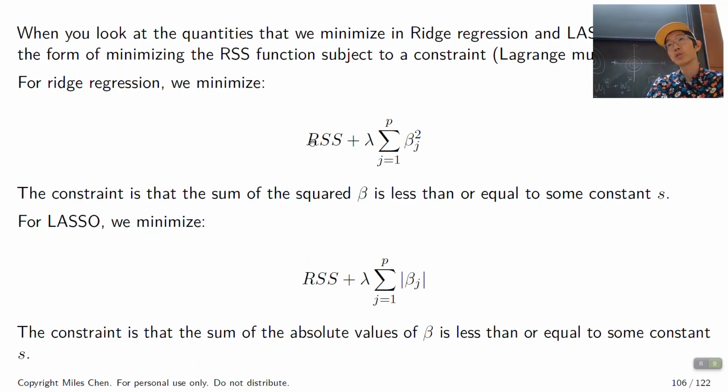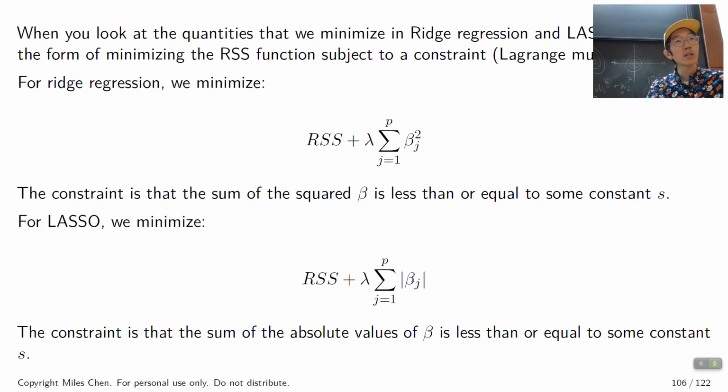Okay? Another way to think about this regularization stuff is, for ridge regression, we have the residual sum of squares, basically our OLS loss function, plus lambda times the sum of our betas squared. For lasso, we have ordinary least squares regression, residual sum of squares, plus lambda times the absolute values of the beta.